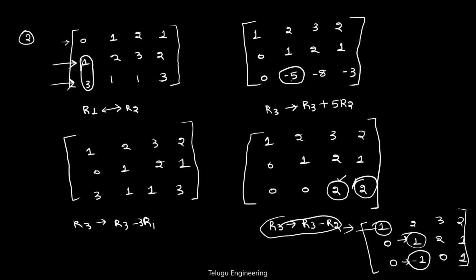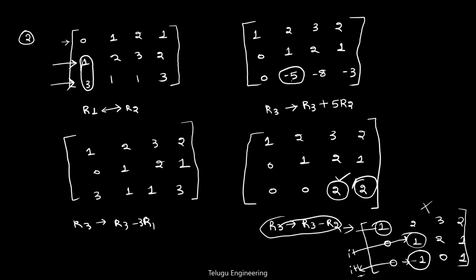As this is failing the echelon form condition, we cannot further reduce it. We cannot make this element 0.